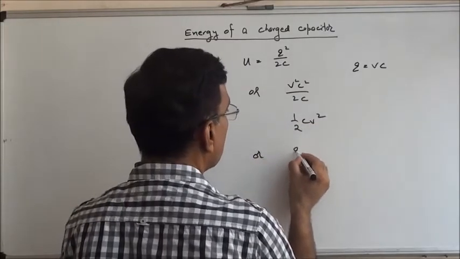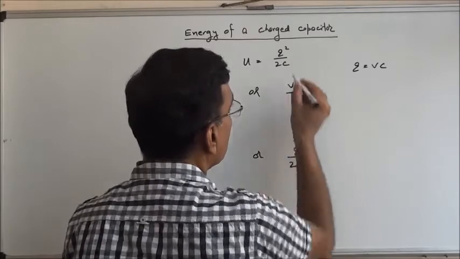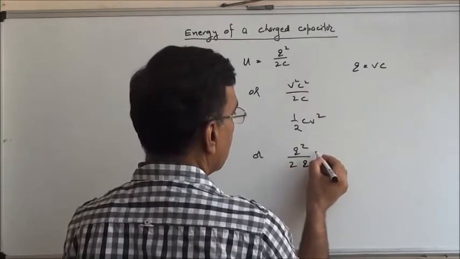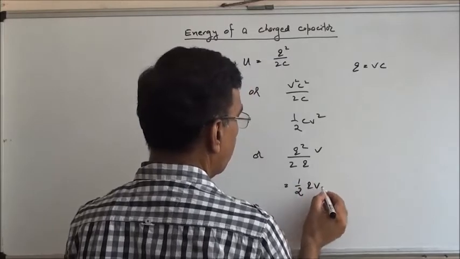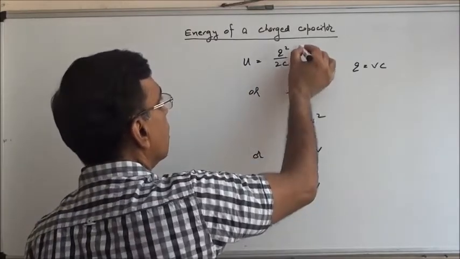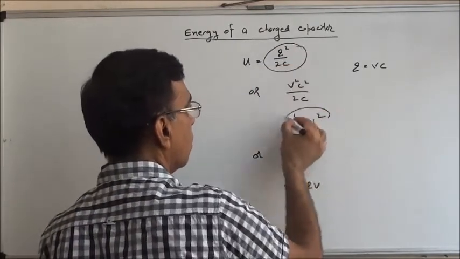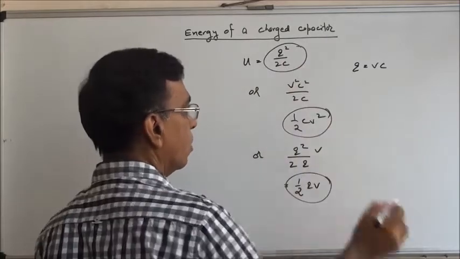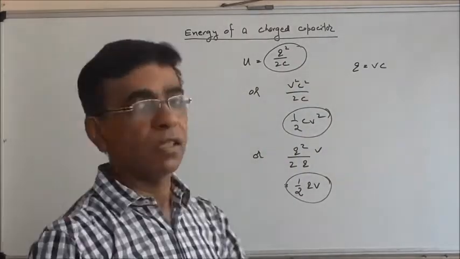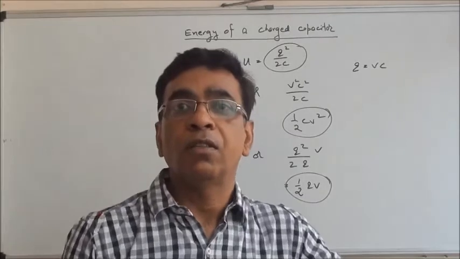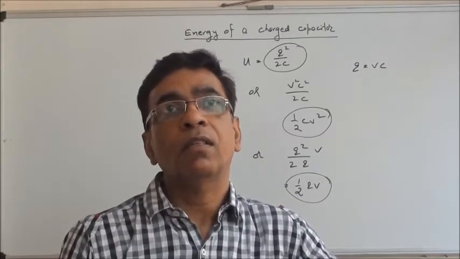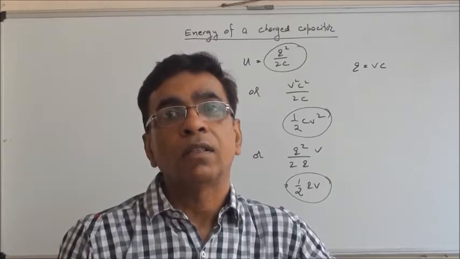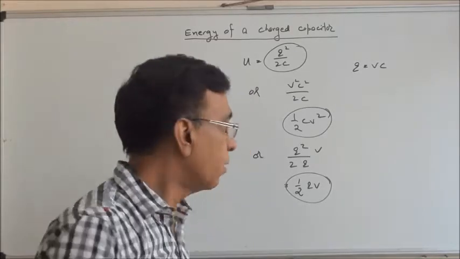Or substituting for C, it becomes half QV. So it is this, this, or this. This tells us about the total energy stored in the capacitor. A capacitor is actually just like a temporary battery.